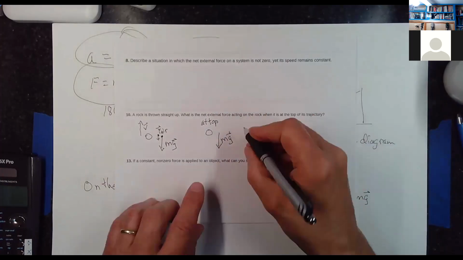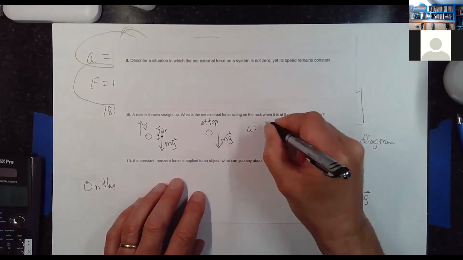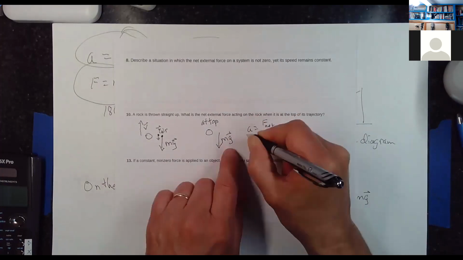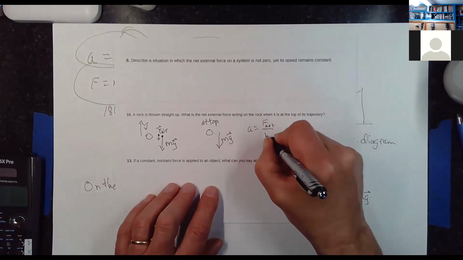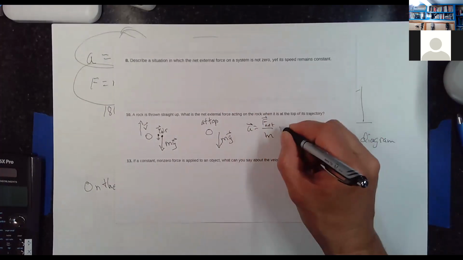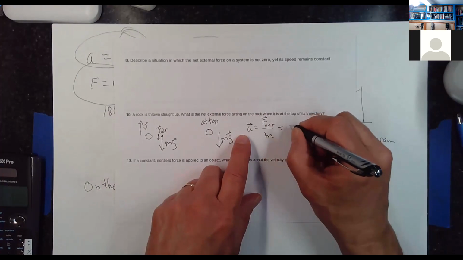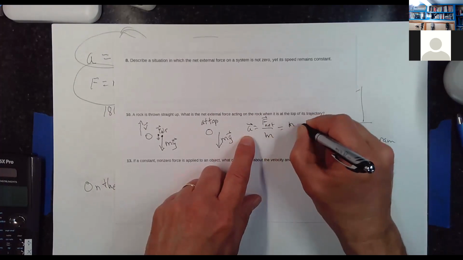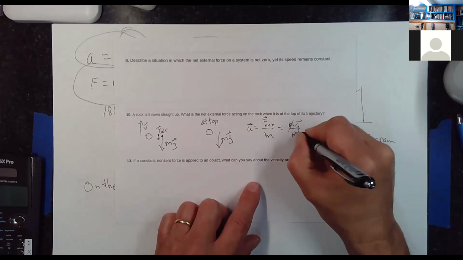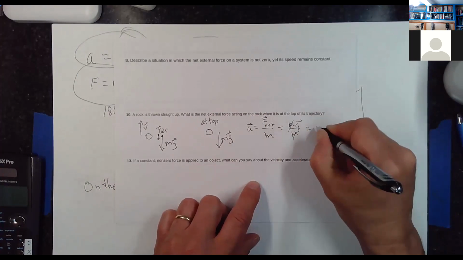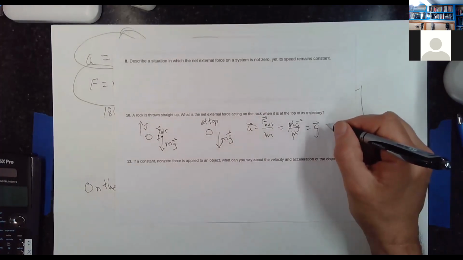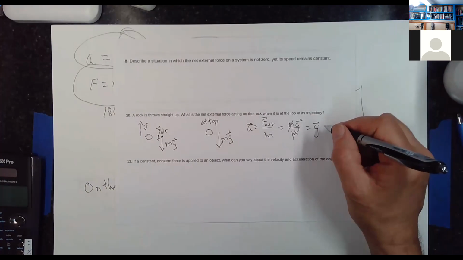And because the acceleration is equal to the net force, which is the only force here, divided by the mass, this will just end up being mg on top and m on the bottom, and the m's divide out, and you end up with the acceleration equaling just the acceleration due to gravity at the top.